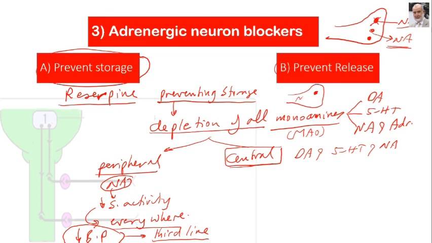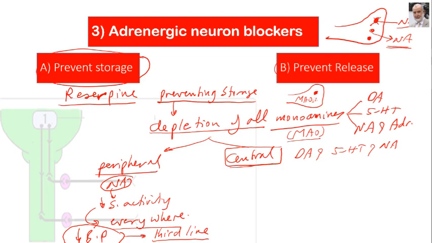If they are not stored, MAO, monoamine oxidase, is ready to metabolize them. This enzyme present in the cytoplasm will break or oxidize any free monoamine. So the monoamine, if it's not stored, will be metabolized by MAO. That's why reserpine prevents the storage, so the monoamine will be available for the monoamine oxidase, which will oxidize it and metabolize it. Okay, so now all monoamines will be depleted centrally.